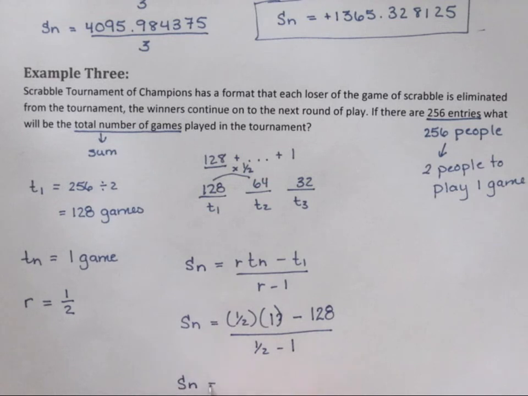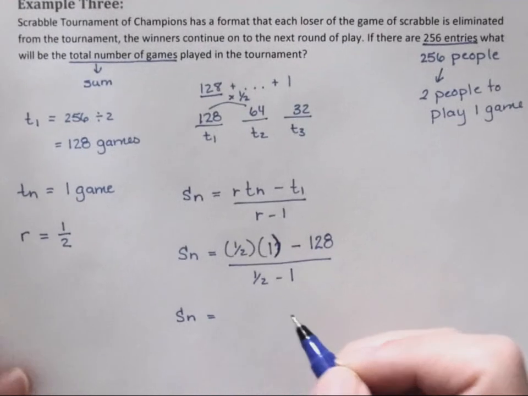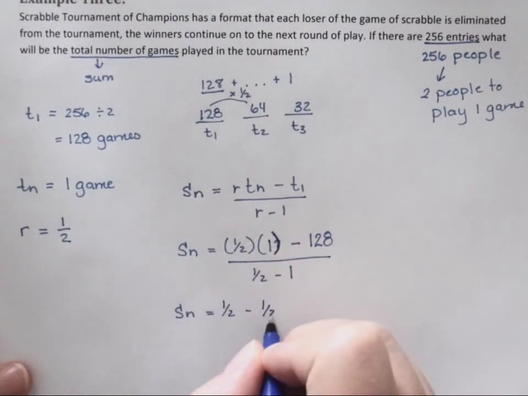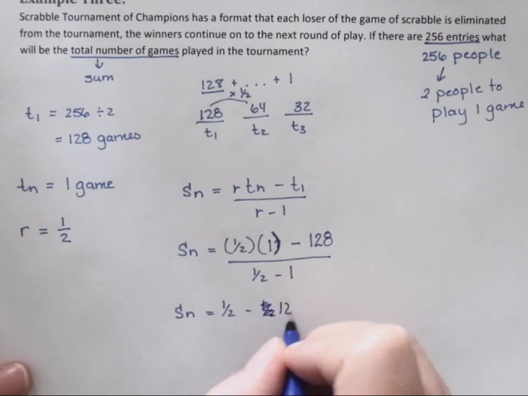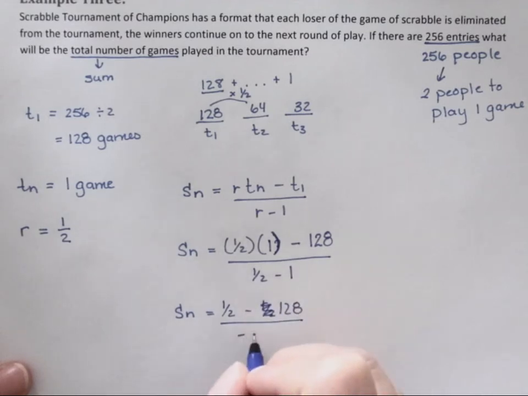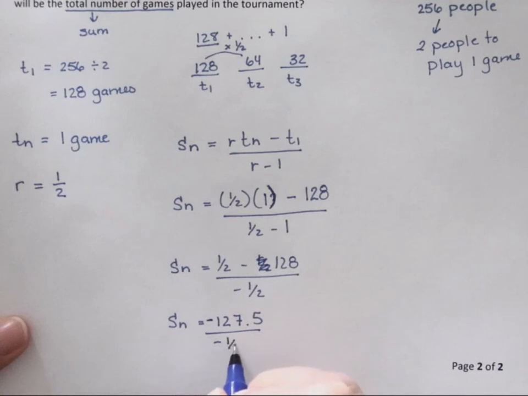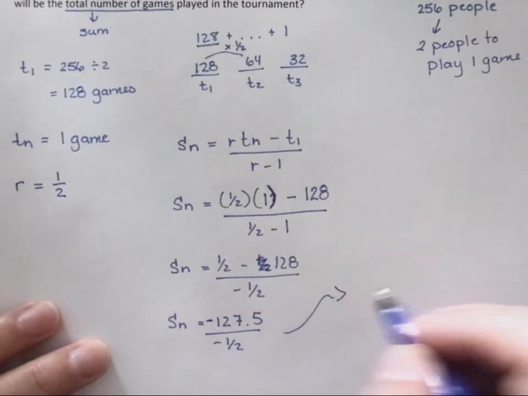All right, Sn equals 1/2 times 1. 1/2 times 1 is 1/2 minus 128, divide by negative 1/2. So Sn is going to be, we'll just jump to decimals. So it's going to be a negative 127.5 divided by a negative 1/2. This should make you feel good because as soon as you see two negatives, you know that things are going to work themselves out.